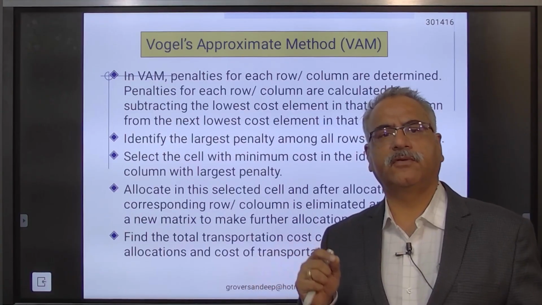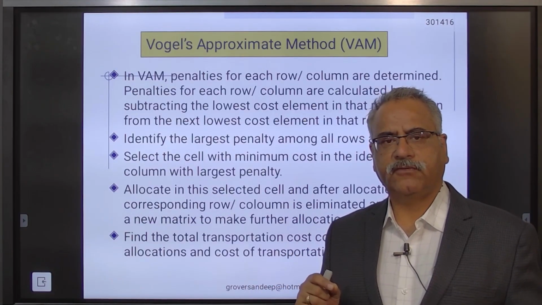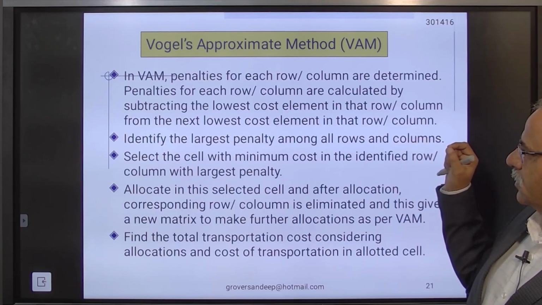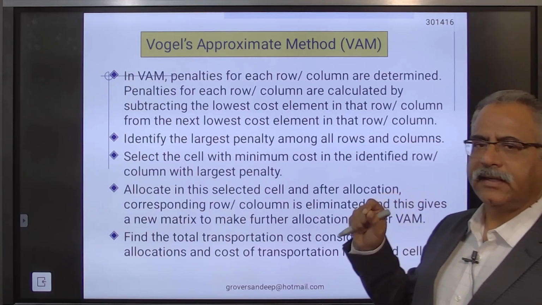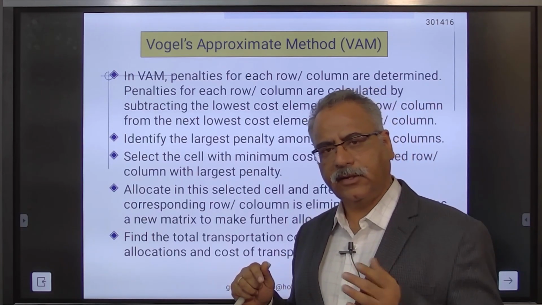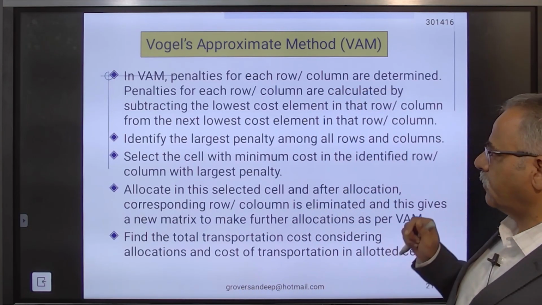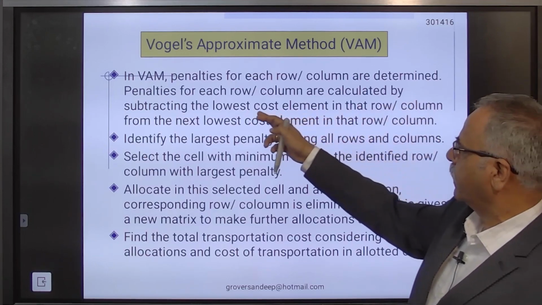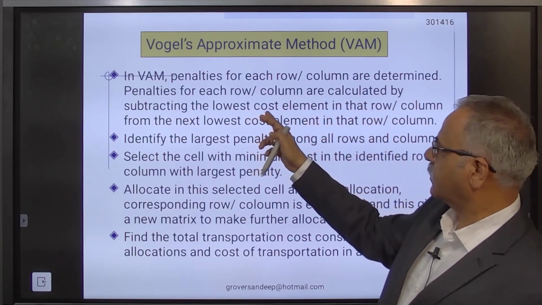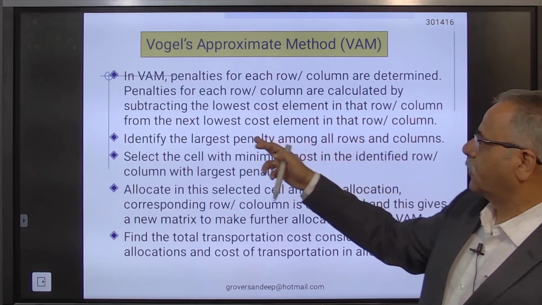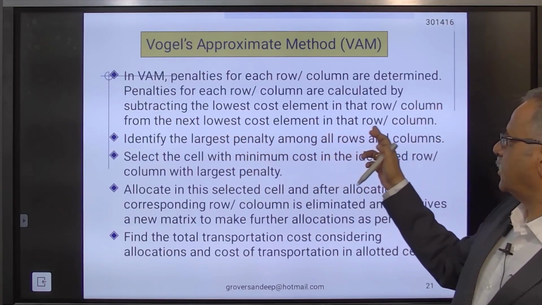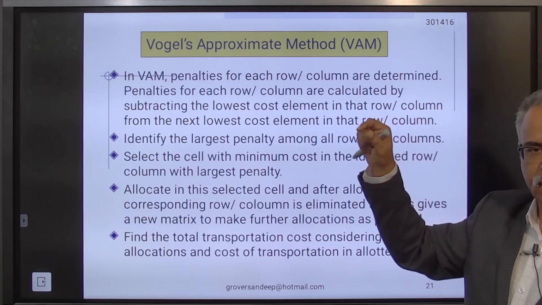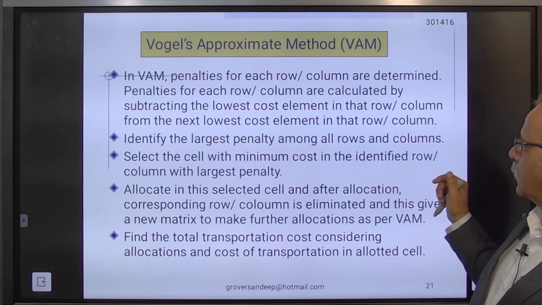So, if you allocate in the minimum cost 2, and the next higher cost is say 4 in a row or a column, the penalty is going to become 2. So, you need to find out the penalties for each row and column by subtracting the lowest cost element in that row or column from the next lowest cost element in that row or column. So, you will get penalties in all the rows and penalties in all the columns.